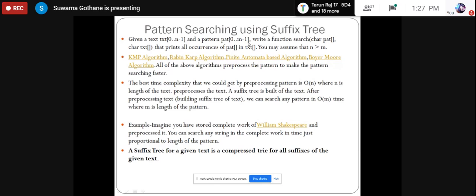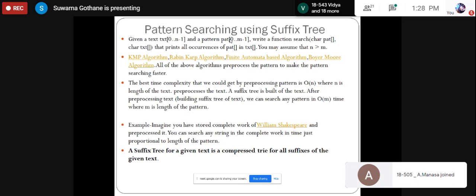Now what is called the text and what is called the pattern? Suppose you have one entire page or one book, that you call a text, and the string which you are interested in searching is called a pattern. For example, whether this proverb is available in this book or not, or this particular sentence or this image is available in this document or not.